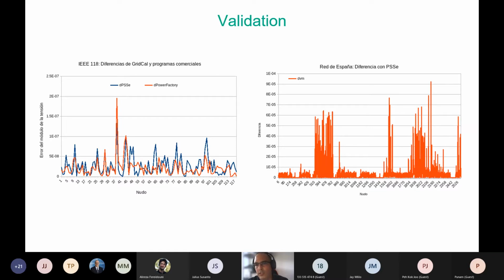And then also the difference with PSS/E, and it's also around the precision of the algorithm. So from my perspective, I've validated this tool very many times because I try to use it at work, because it allows me to be very efficient at work.